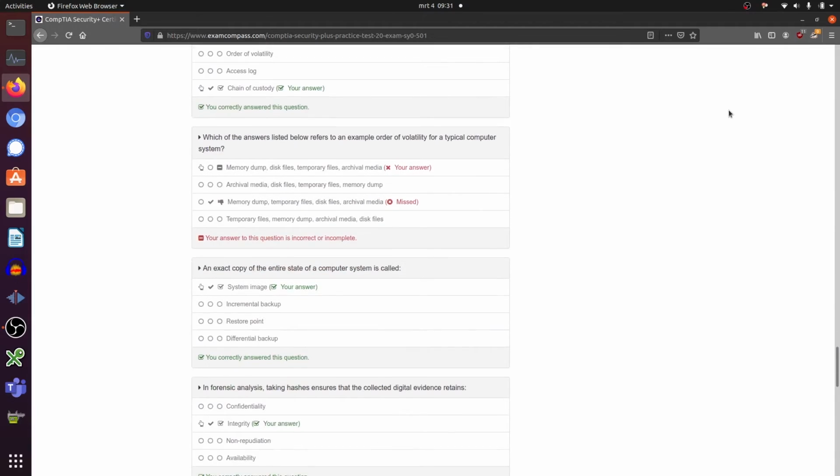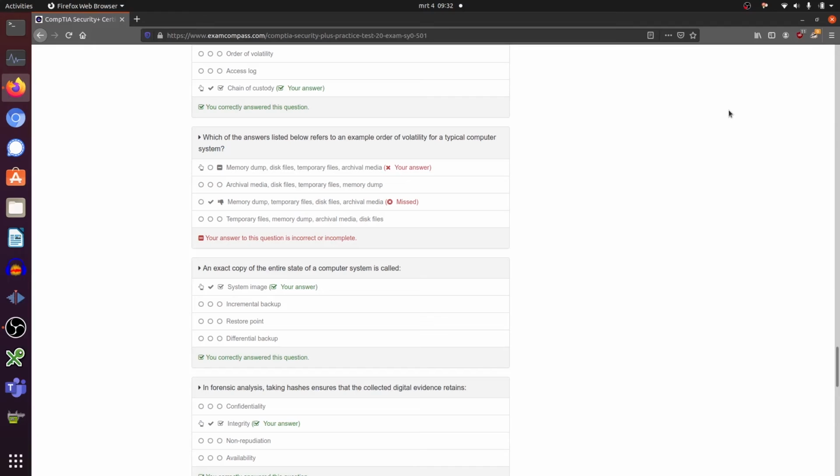Here. Which of the answers listed below refers to order of volatility? Memory dump, temporary files, disk files, archival media. So what's the difference? Memory dump is really all the data stored on the hardware, usually the RAM, random access memory.